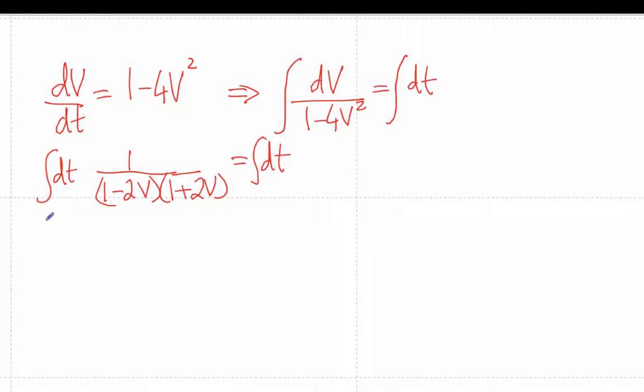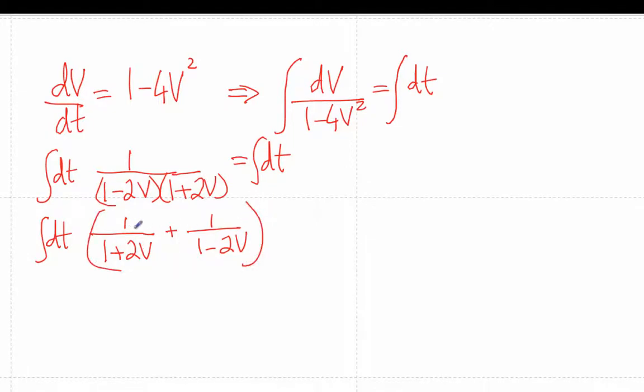But now what I'm going to do is split this up in the following way. I'm going to write this as 1 over 1 plus 2v plus 1 over 1 minus 2v. And so if I add them, I'm going to get on top 1 minus 2v plus 1 plus 2v. So I've got to divide by half. And that is integral dt.